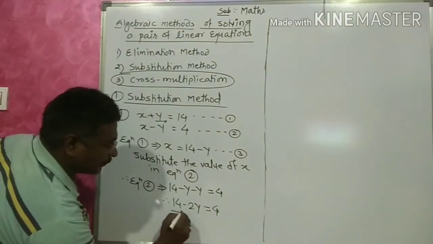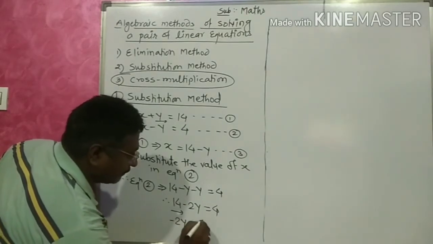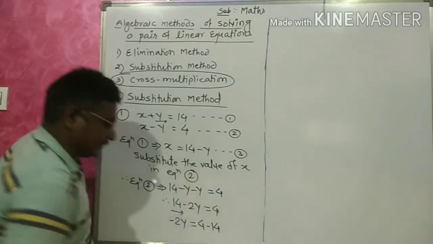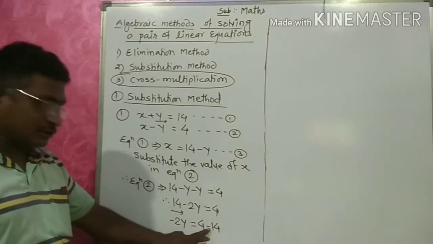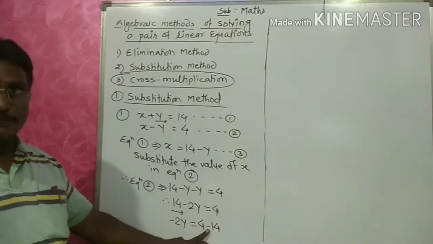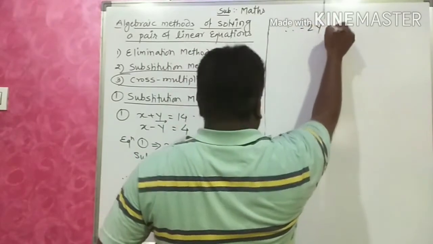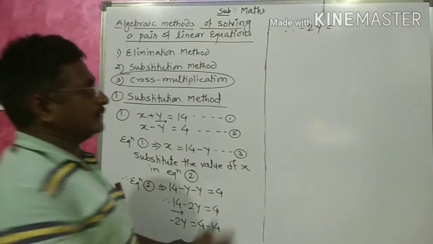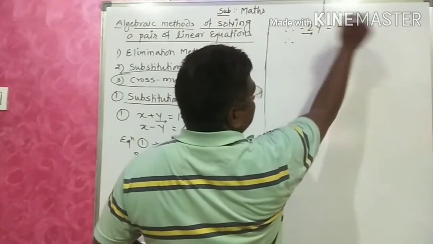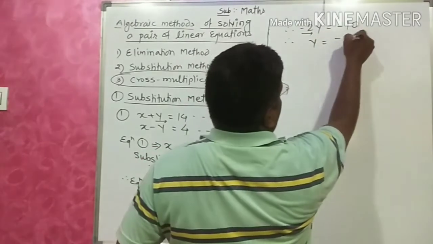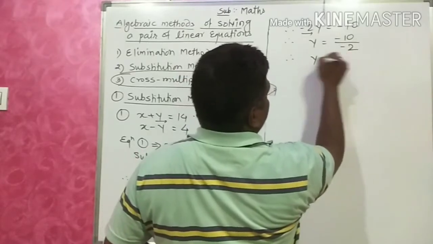Now transfer this 14 to the other side: minus 2y equals 4 minus 14. Understood, student? When 14 is transferred, its sign changes. So minus 2y equals 4 minus 14, which is minus 10. Now y equals minus 10 by minus 2, so y equals 5.